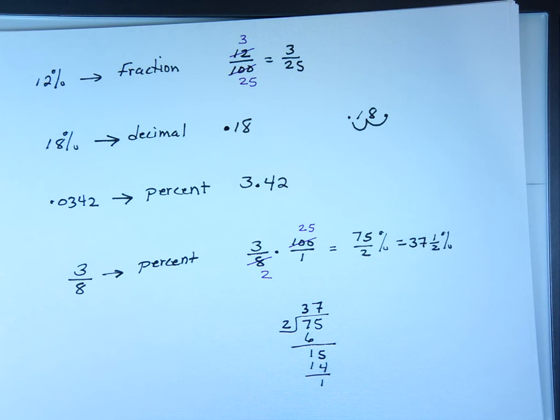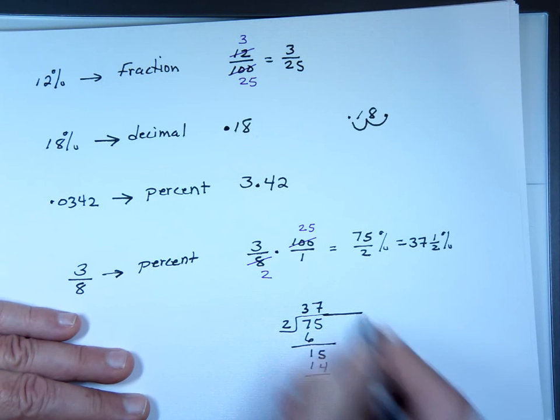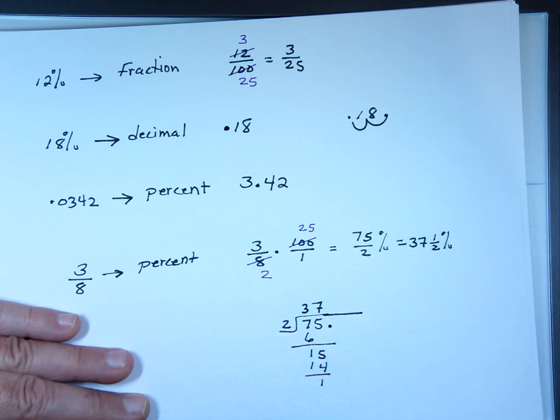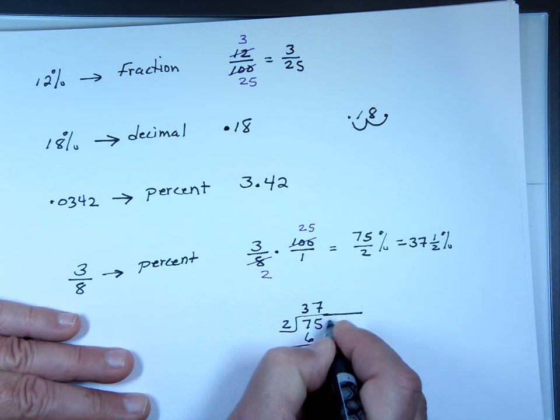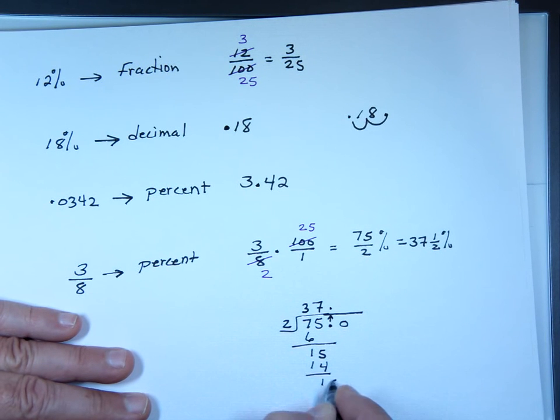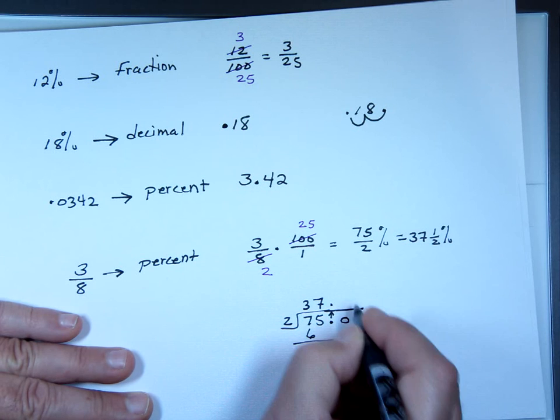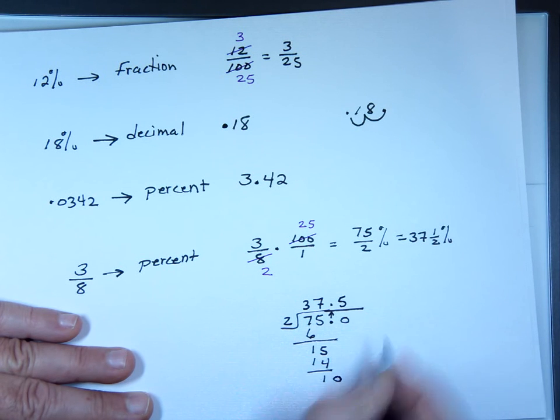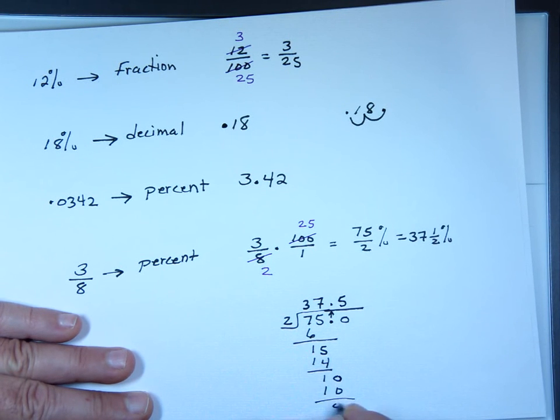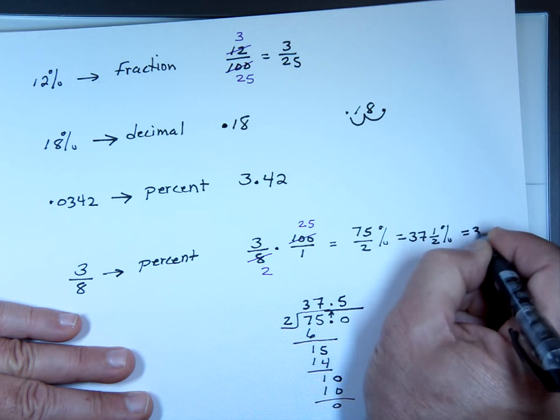Or, yes, if you don't like that, you want to use a decimal. Remember, there's a decimal point here. And there is a 0 if you need it. Bring that 0 down. What's 10 by 2? 5. 5 times 2, 10. Or you can write that 37.5%.